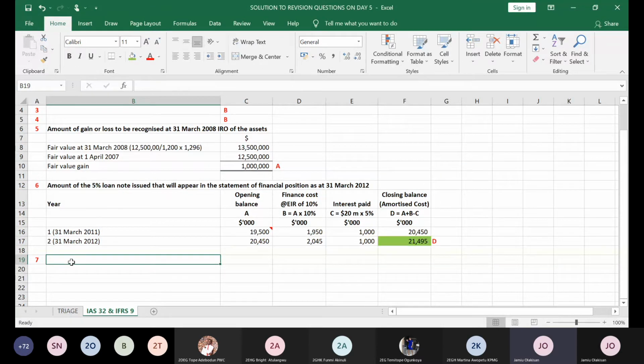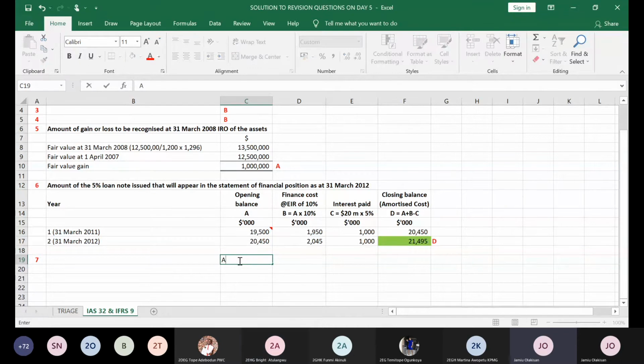Read the last question. Am I going to do it as well? Because once it is convertible, it's convertible as well. Question 7, I will not do it. You should do it. The correct answer is A. Figure out why it is A. It's because it's convertible just like that other one.